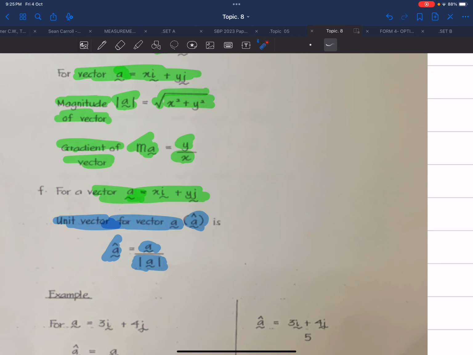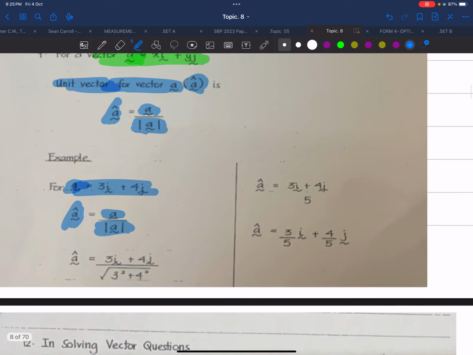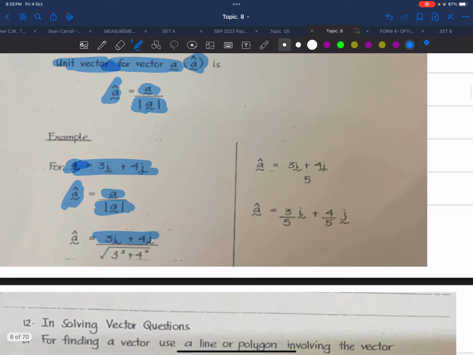This one I have to give you an example. We watch the example. I have a vector A, 3i plus 4j. I want to find the unit vector A. I take the vector A, divide by the magnitude of the vector A. So this vector A, I just copy back 3i plus 4j. And how do you find the magnitude?